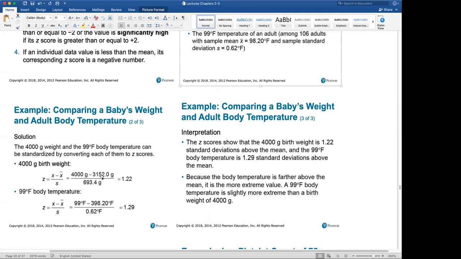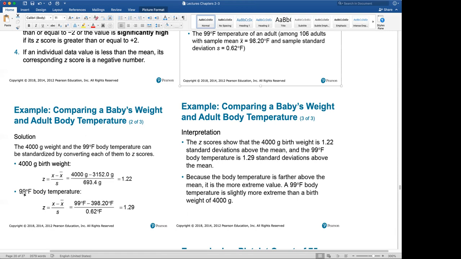But since the z-score is 1.22, 4,000 grams can be expressed as the sample mean plus 1.22 times the standard deviation. Since that is not greater than x bar plus 2 times the standard deviation, it's not significantly high.